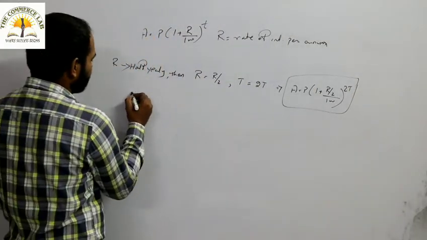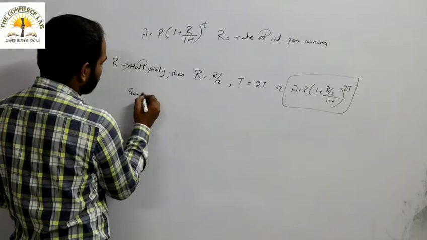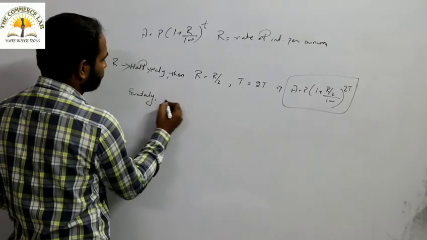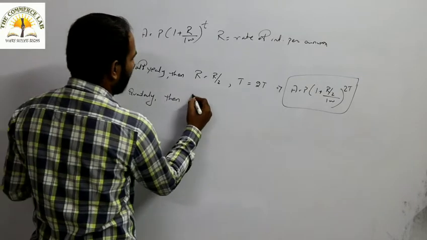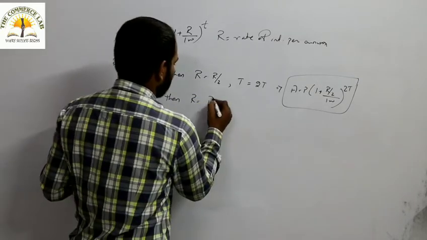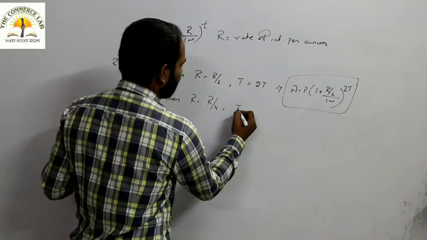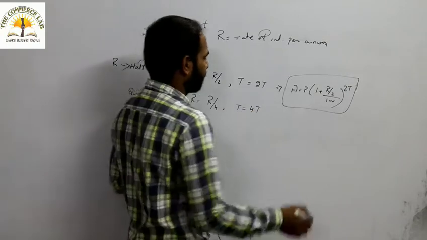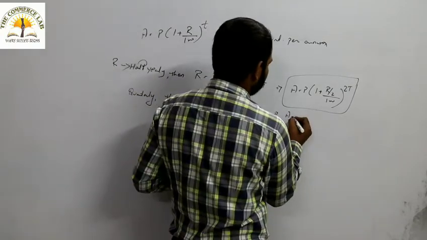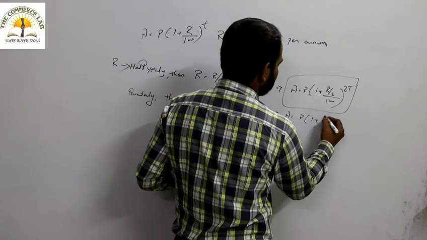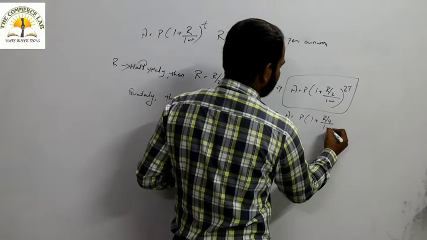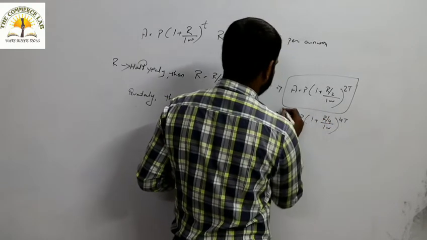When the rate of interest is quarterly, then R becomes R by 4, T becomes 4T. This implies A equal to P into (1 plus R by 4) to the power 4T.